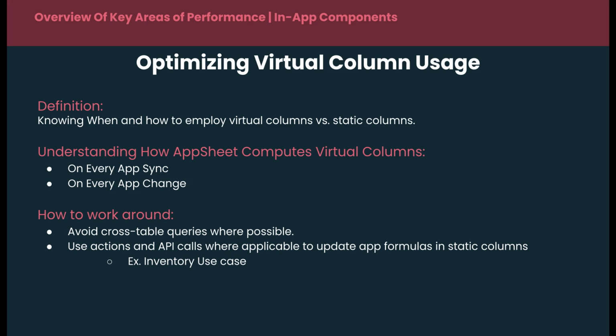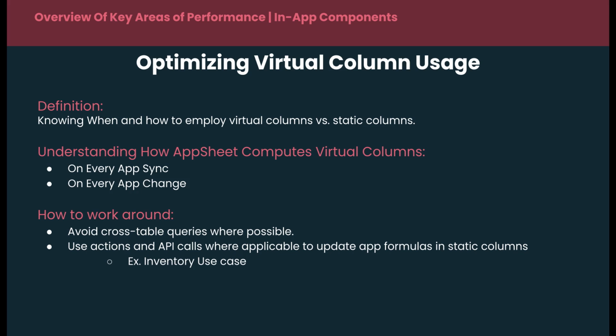Every time you sync the app, AppSheet tries to recalculate all of your virtual columns. In addition, every time you make a data change to the app, it recalculates those virtual columns. The problem with that is, again, for most rows, that is not necessary.